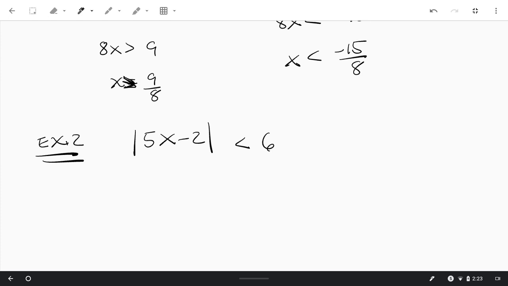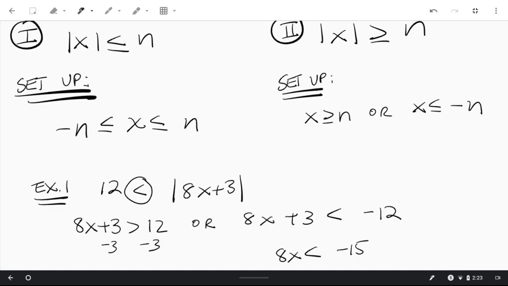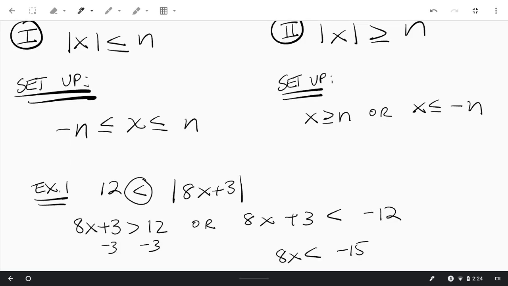Okay, so we have this one here, and again, look at the absolute value in relation to the inequality, and so it's the absolute value is less than. So when we look at the two cases up above here, that would be the first case.